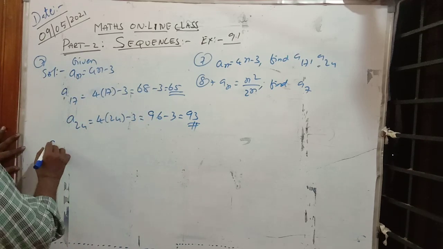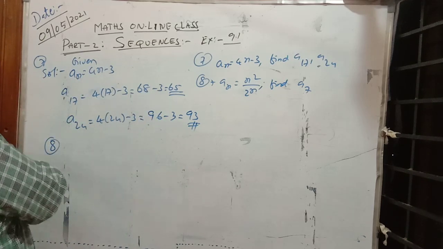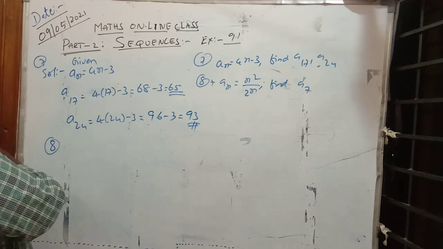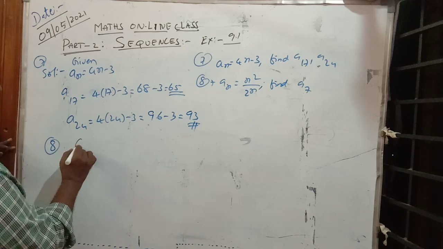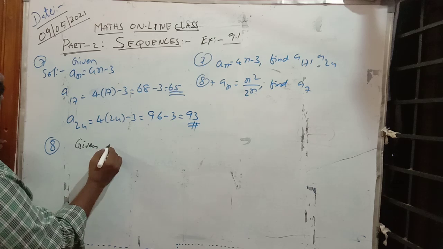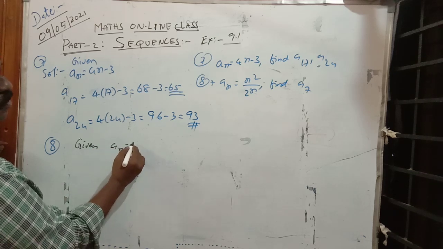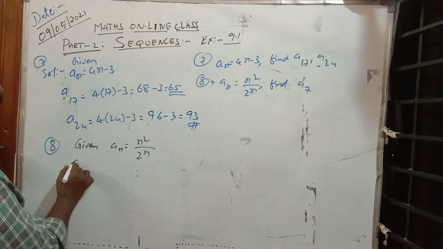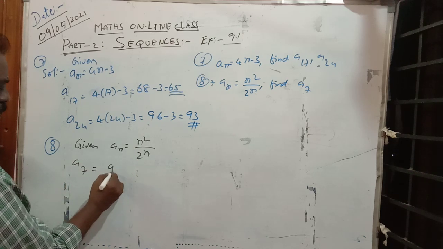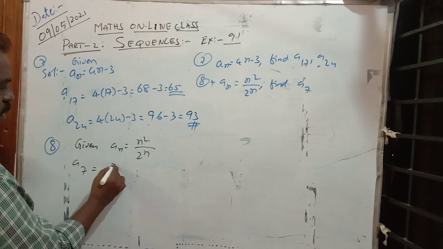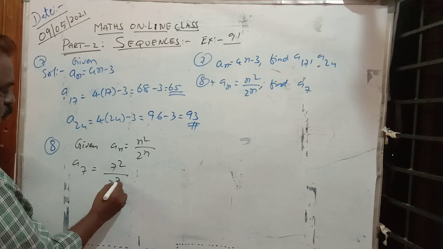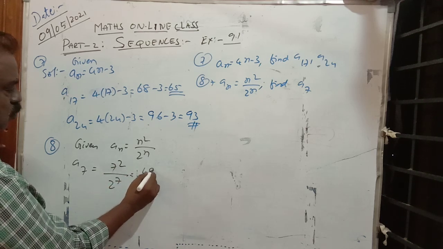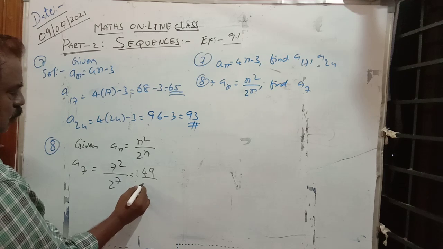That's over. What is the 8th problem? The 8th problem is given: An is equal to n square by 2 power n. We have to find A7. A7 is 7 square by 2 power 7. 7 square is 49 by 2 power 7.